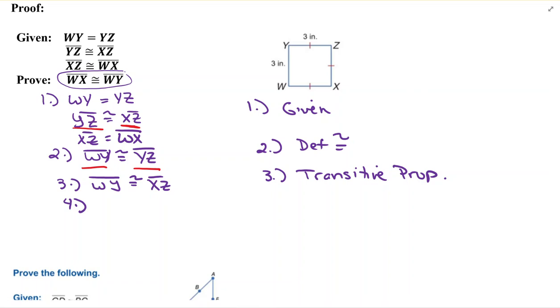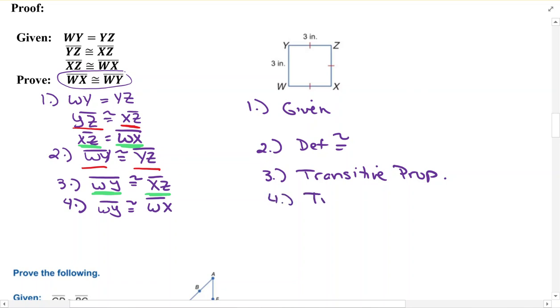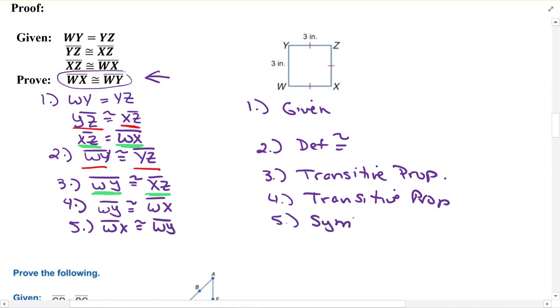So now we have that WY is congruent to XZ, and XZ is congruent to WX. So we have that WY is congruent to WX, and that's by transitive for the second time. But we wanted it in the other order, so WX is congruent to WY, by the symmetric property.